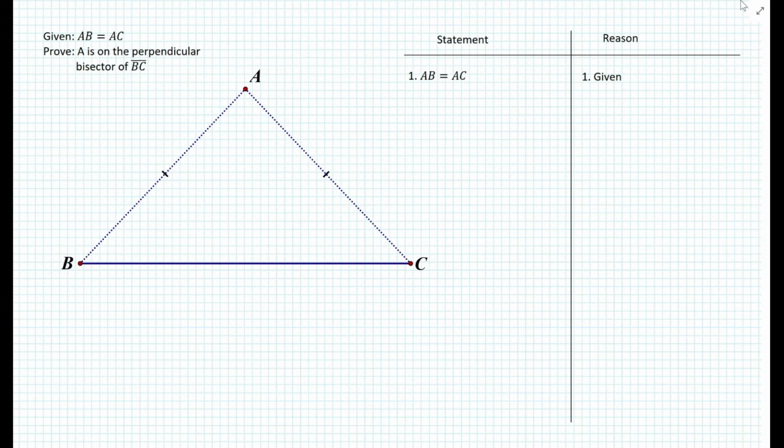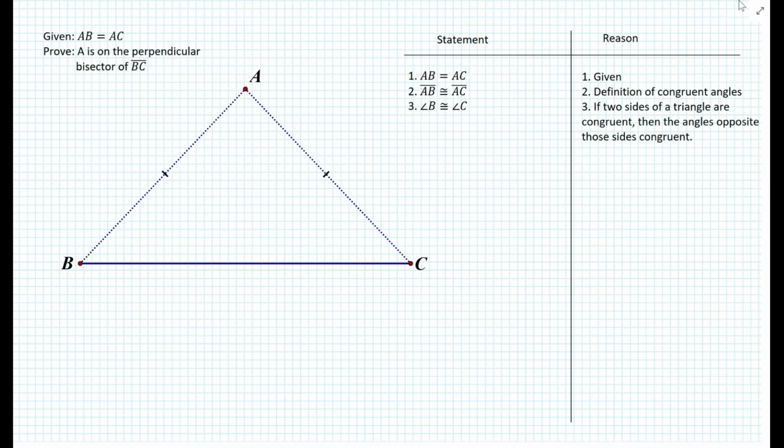Now, how do we even prove this? How do we prove that A is on the perpendicular bisector of this line BC? Well, in this case, we need to first identify something specific or draw a specific point or a median or anything like that. And we can actually do that. Well, first, we can write that segment AB is congruent to segment AC by the definition of congruent segments.